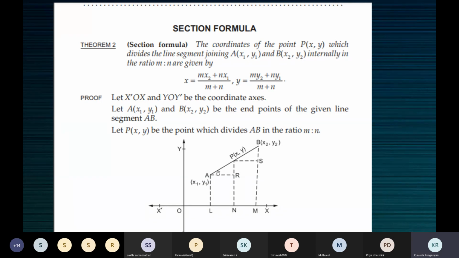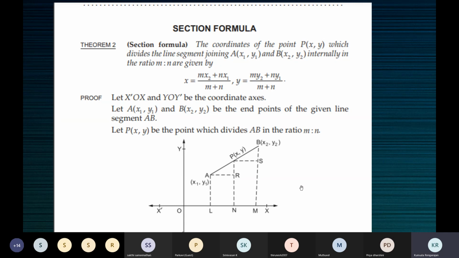AR by PS is a ratio. RP by SB is a ratio. AP by PB is a ratio. These three ratios are equal because the triangles are similar. Then we substitute the values for each of the portions in that ratio and hence derive the section formula.